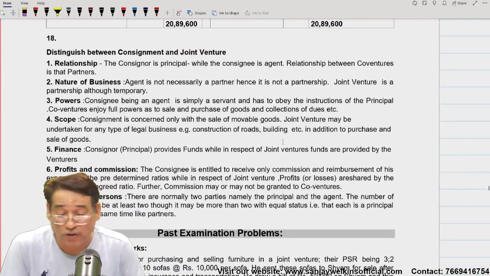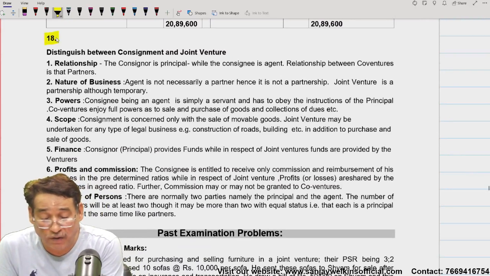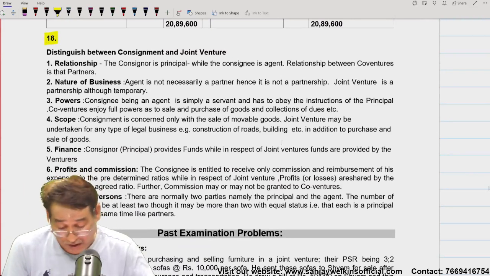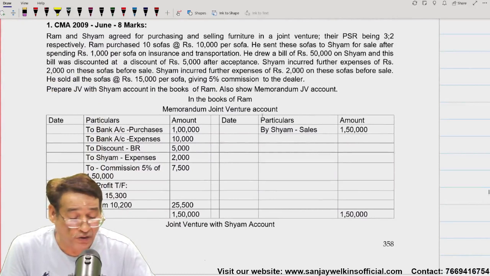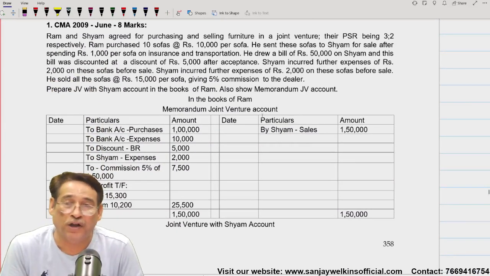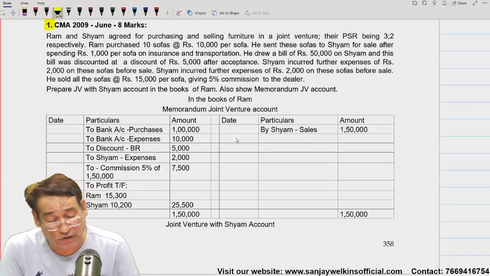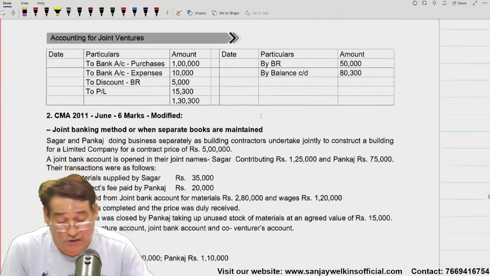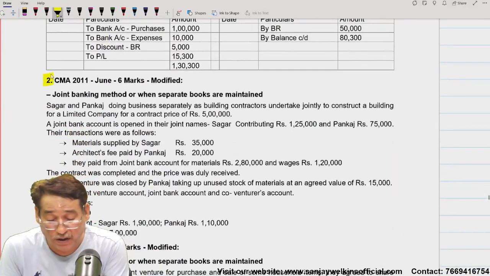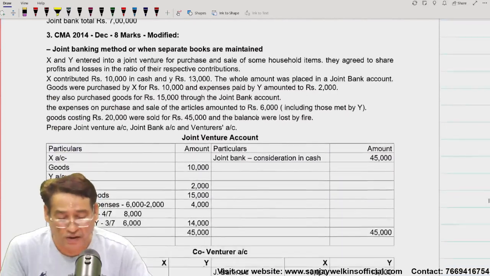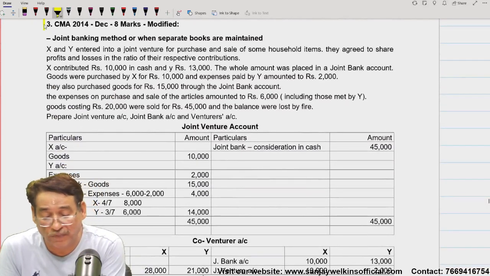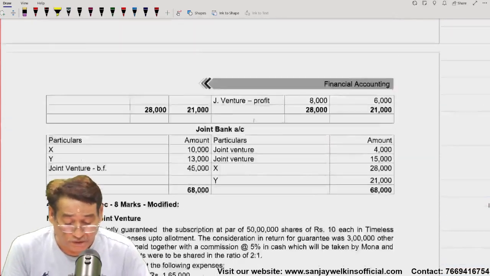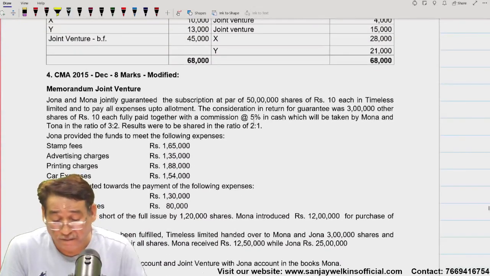Now there are some theoretical questions I have also given in your notes, and then some past examination questions. All these questions we have already done. You can easily manage these questions on your own, correct? All the questions have been given in a solved manner, correct? Easily you can manage because we have already done all these questions, but just go through them for your practice sake, correct?